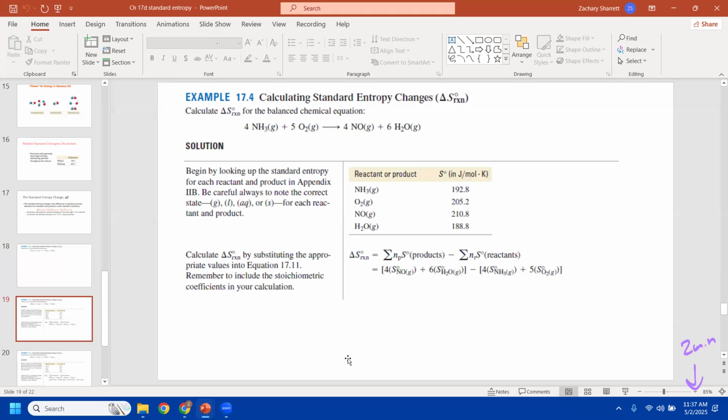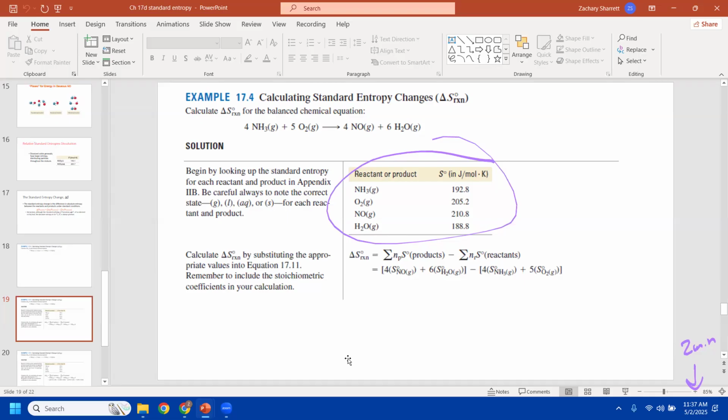Okay, so you would need a chart. I'm not going to have you memorize every single delta S of everything. So if this was a problem, I'll either give you the whole list of all the entropies or I'll give you the ones that you need.